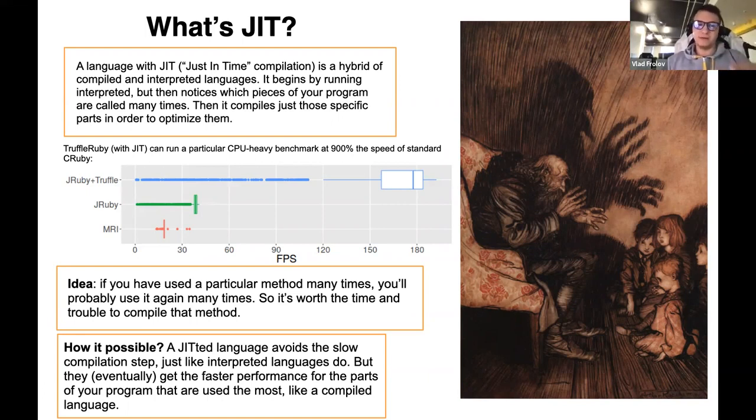If you look at this diagram, especially MRI and JRuby plus Truffle, you will see that the implementation with TruffleRuby with JIT can run a particular CPU-heavy benchmark at 900% the speed of standard C Ruby. It's really true.